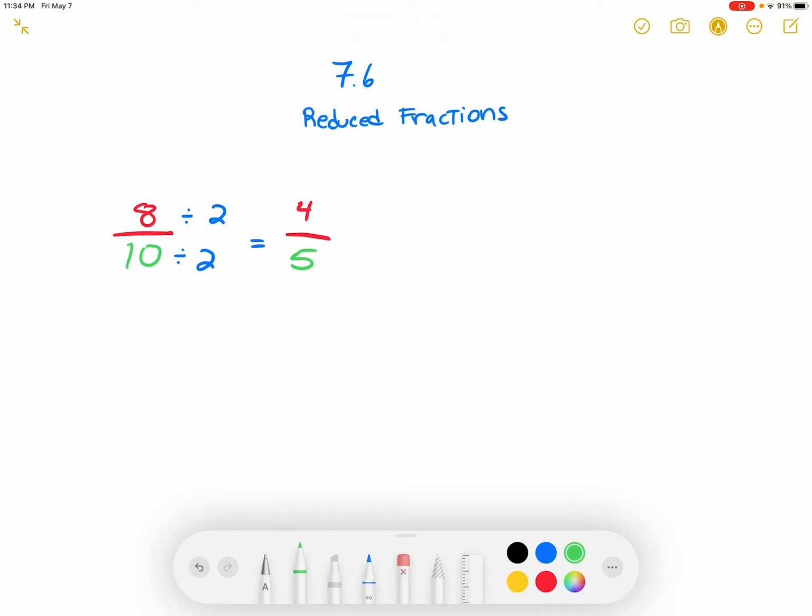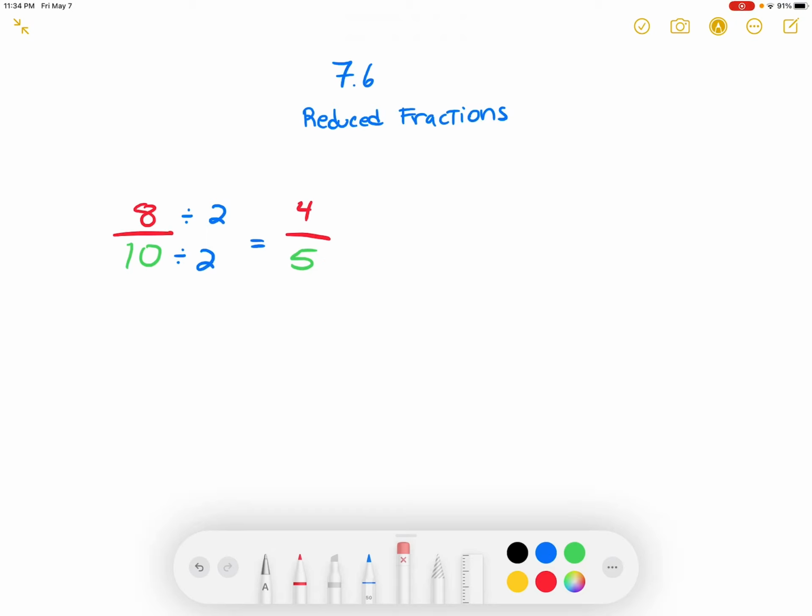And then you ask yourself, can I divide both of these numbers by the same thing? Can I divide by 2? No, because 5 divided by 2 doesn't work, unless it's a decimal. Can you divide by 4? 4 divided by 4 would give you 1, but 5 divided by 4 is messy, that's a decimal again.